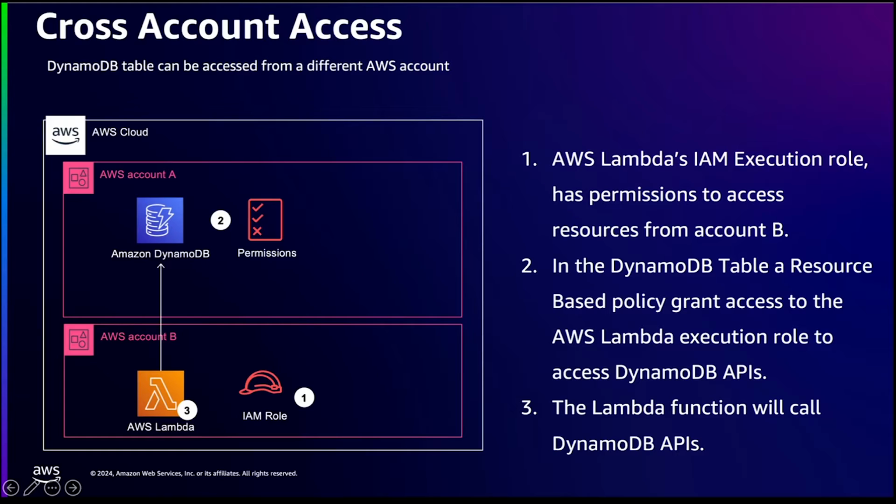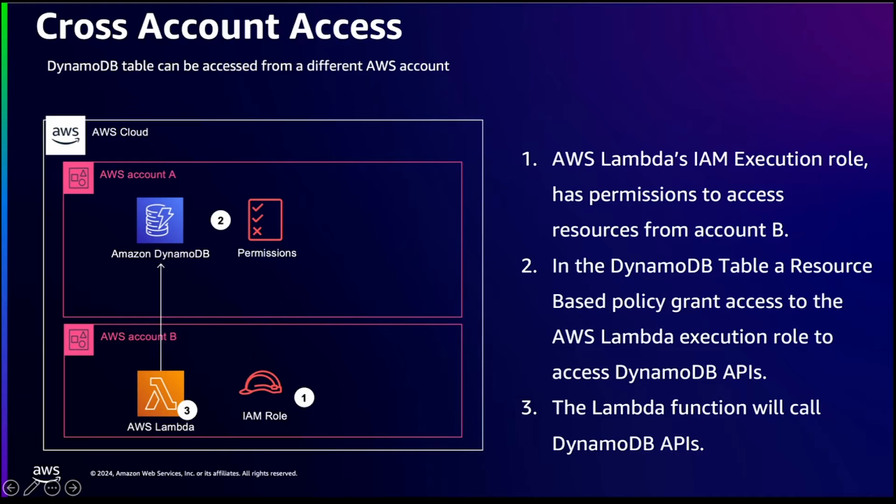At the end, the Lambda function will just call the API operation in the DynamoDB table by using the full table ARN as the table name parameter. If you don't specify the full table ARN, the Lambda function will assume that you're talking about the same account and you might not find the table in that account.